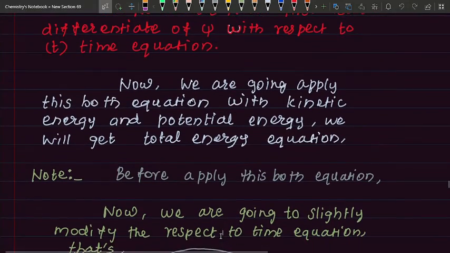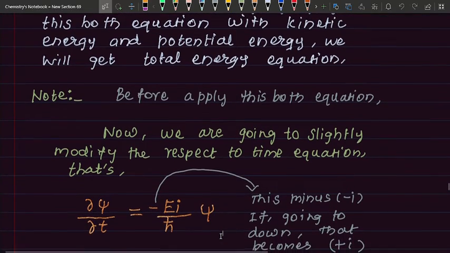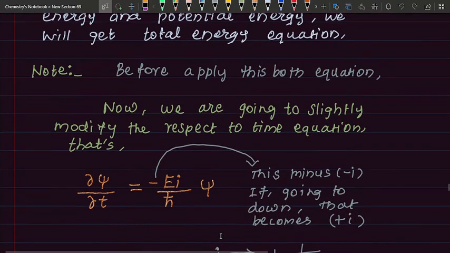Before applying both equations with the kinetic energy and the potential energy, we are going to slightly modify the time equation, that is ∂ψ/∂t = minus Ei/ħ ψ.